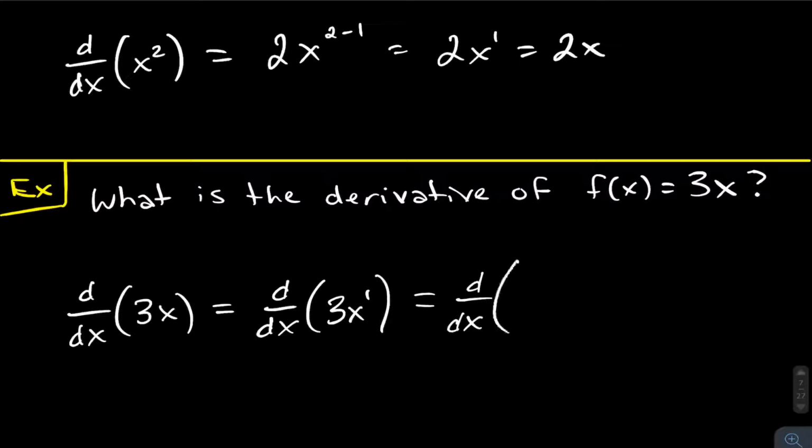Let's leave this x here. We have that first power up here, and we have the 3. We're going to take that 1 and bring it down in front of the 3x. So it's 1 times 3x. And up in the exponent, we have 1 minus 1, which gives us 0.